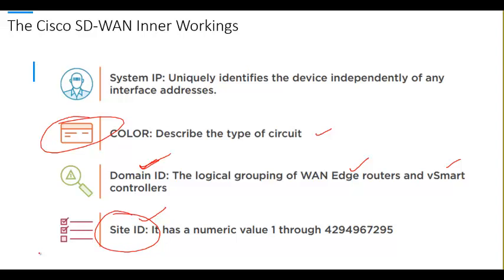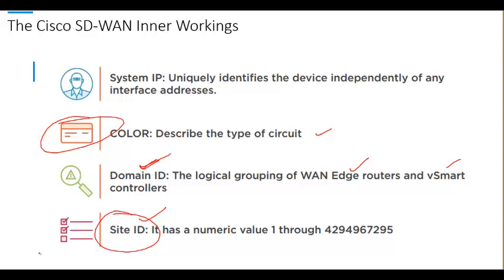You will have a unique number. Now this site ID helps to uniquely identify, get authenticated by the controller. And if I have multiple WAN edges in a site, I just finished saying you can have multiple WAN edges in a site and they should have same site ID.